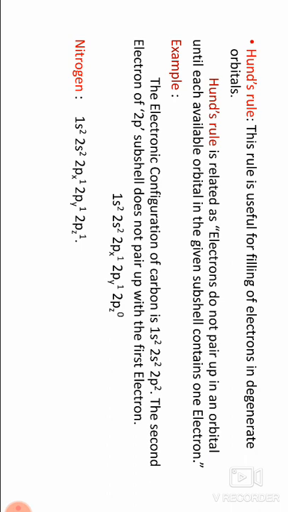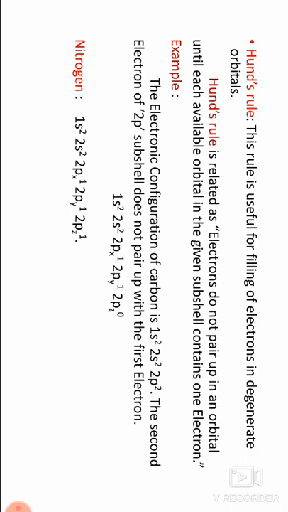And then next, write the electronic configuration of 30 elements. Starting with the first one, hydrogen, its configuration is 1s1. The 30th element is zinc, that is 1s2, 2s2, 2p6, 3s2, 3p6, 4s2, 3d10, or Argon 4s2, 3d10.